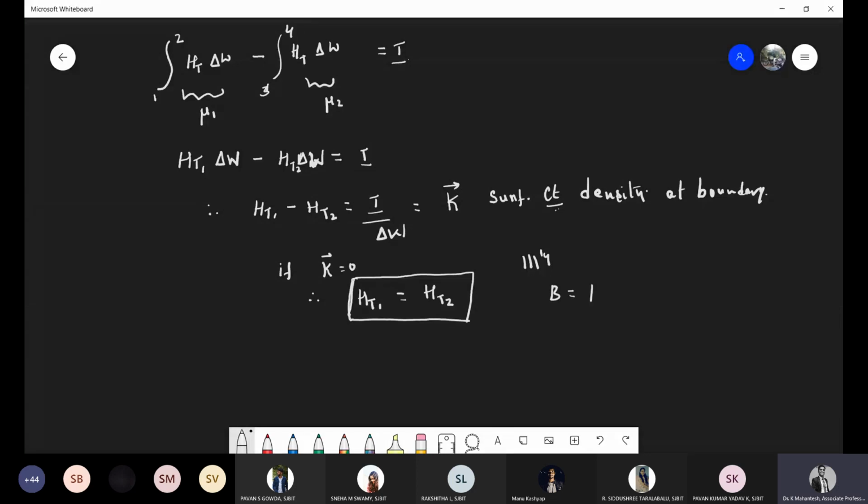B is equal to mu H. Therefore, I can write it as BT1 by mu1 is equal to BT2 by mu2. So this is the tangential component of magnetic flux density.